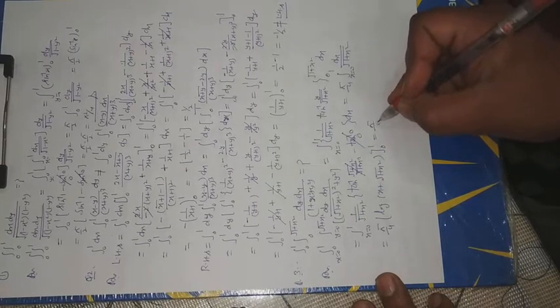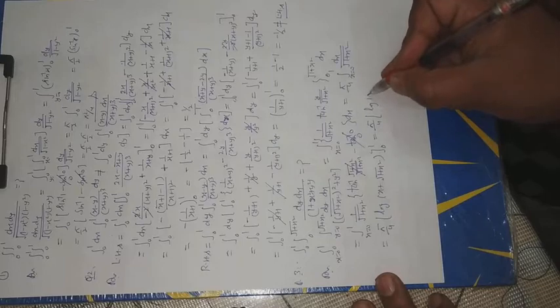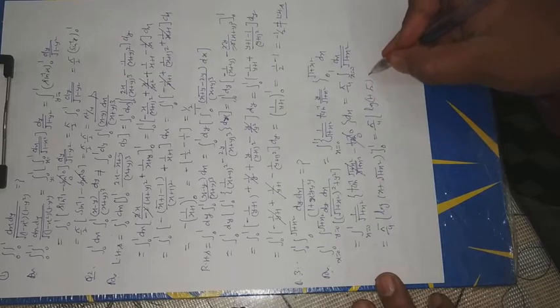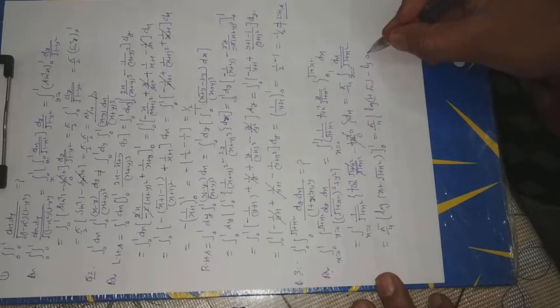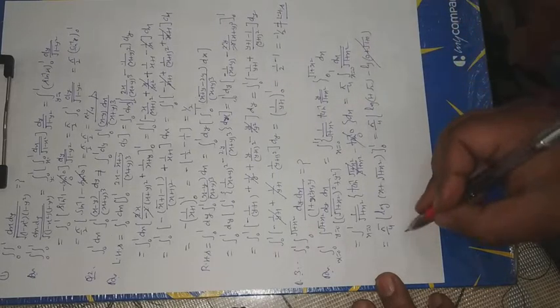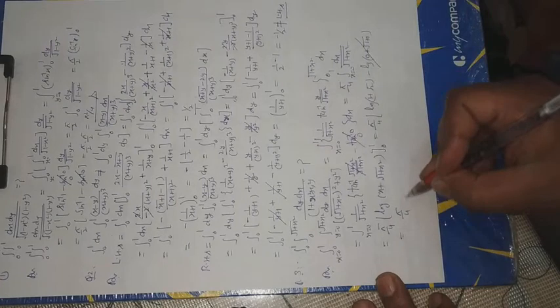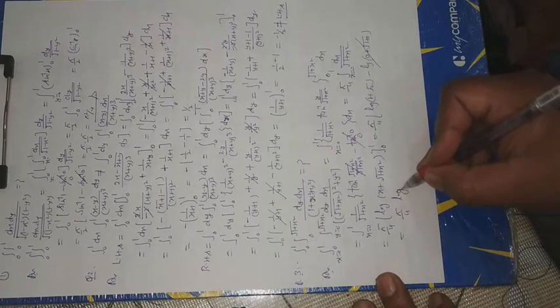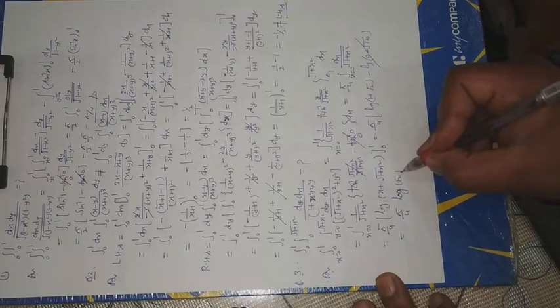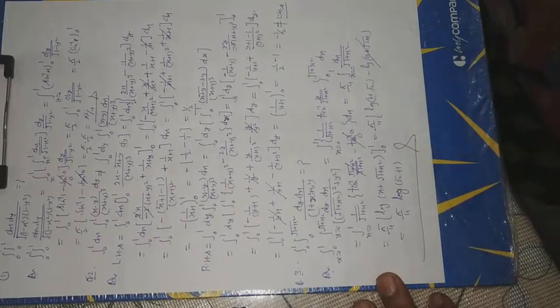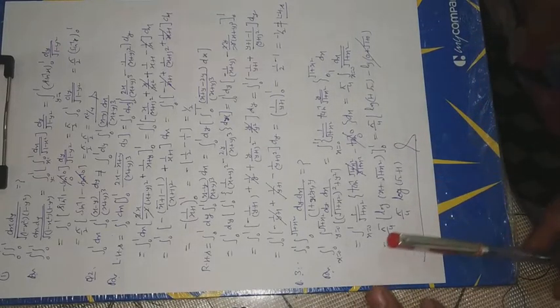This is equal to pi by 4 log 1 plus under root 2 minus log 0 plus 1 plus 0. This is log 1, always 0. This is equal to pi by 4 log under root 2 plus 1. Okay student, this is the complete solution.